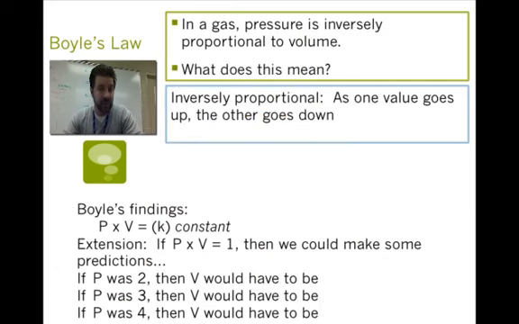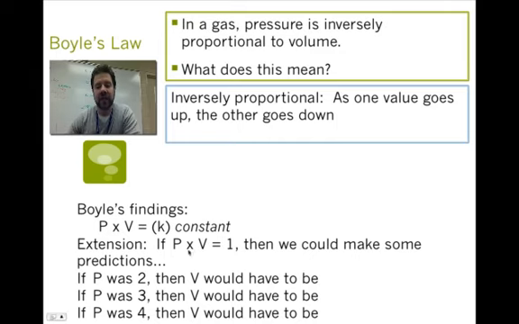So Boyle did some experimentation, and he found that with a gas at a constant temperature, when he multiplies pressure and volume, he winds up with a constant value. Now, we can go a little bit further than that. We can put some numbers in and use this law mathematically. So we'll arbitrarily put in the number 1 for K in P times V equals K, constant.